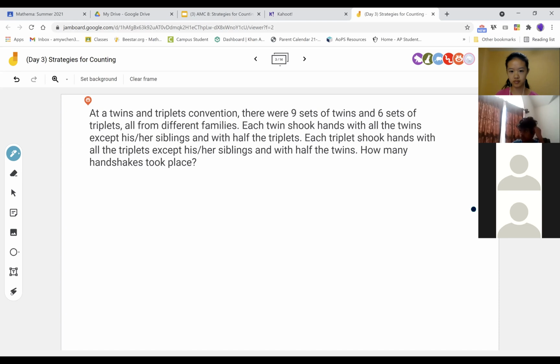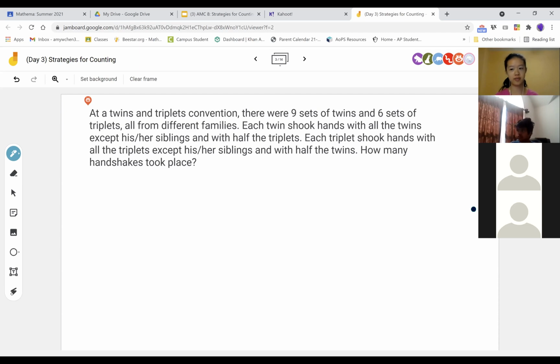Okay, I keep realizing I need to change something. Let me make sure I'm doing the twin math correctly. So actually there are 18 twins. So I need to multiply 25 times 18.